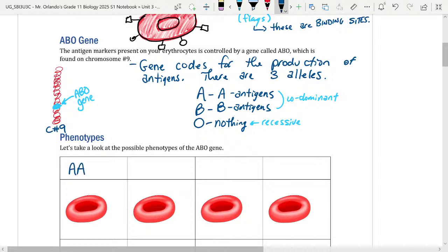You could be AA, AB, BB, BO, AO, OO. Good.